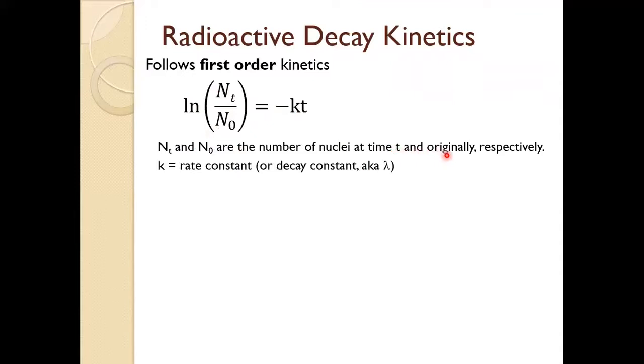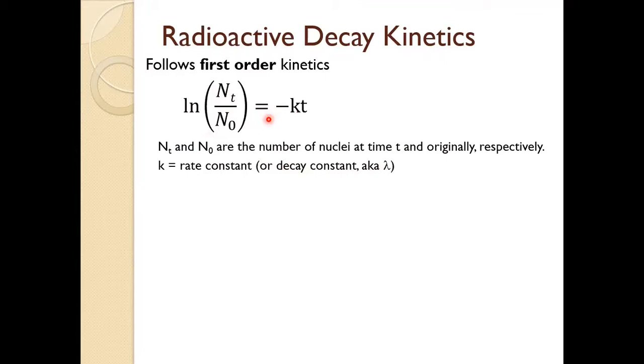And k, just like with chemical kinetics, is our rate constant. Sometimes it's also called the decay constant. In our textbook, I believe they used the symbol lambda for that decay constant. So the equation in the textbook may look a little bit different from this one, but practically it has the same applications.